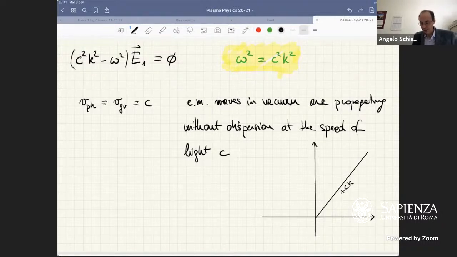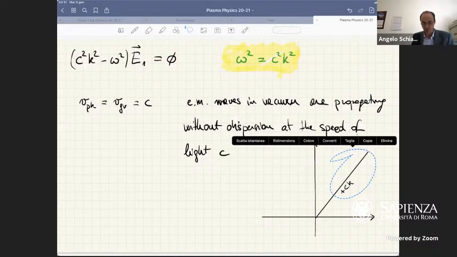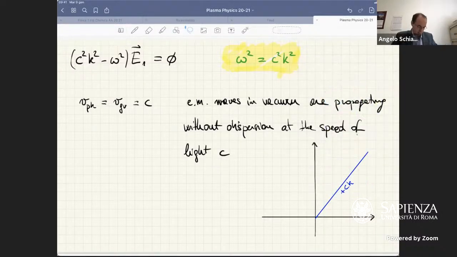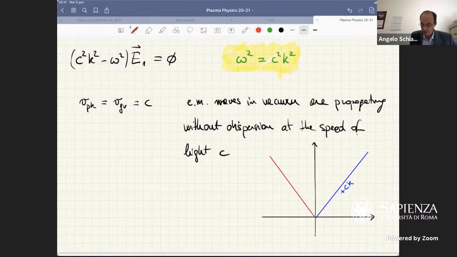Actually, I should write it in a different color. We were using blue for the progressive direction, so this is blue. And then we have the regressive part of the dispersion relation, which is minus ck. And obviously this is omega as a function of the wave number.